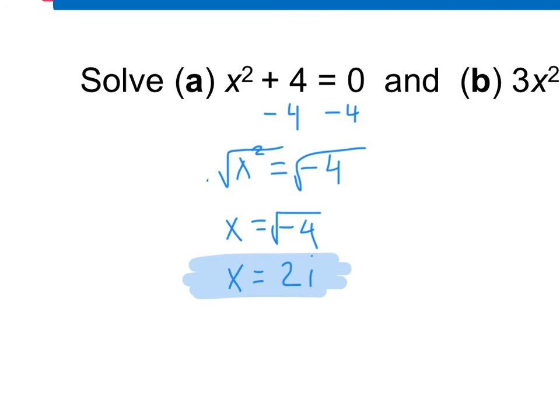And this would be plus or minus 2i, because we get that plus or minus when we take the square root of 4. Is it always going to be plus or minus? Yes.